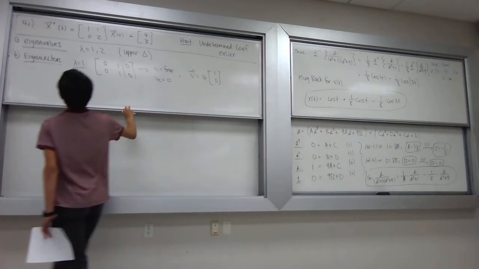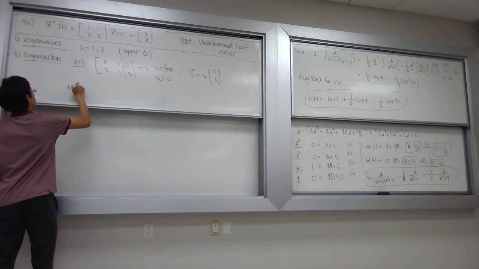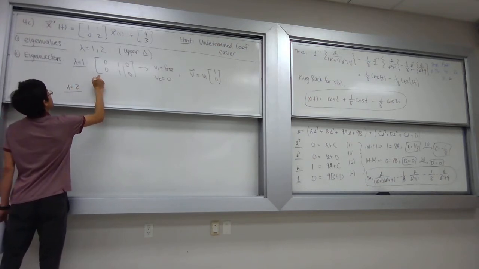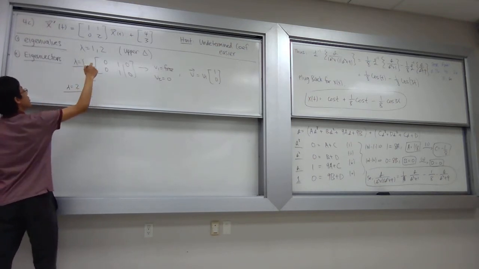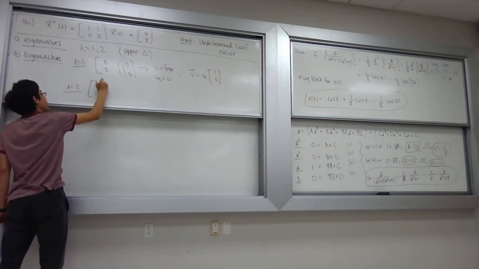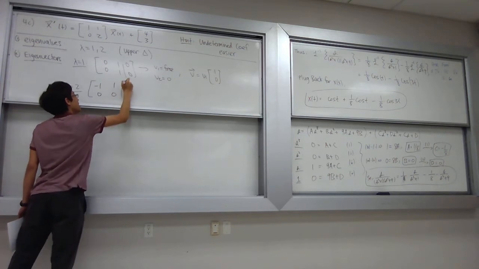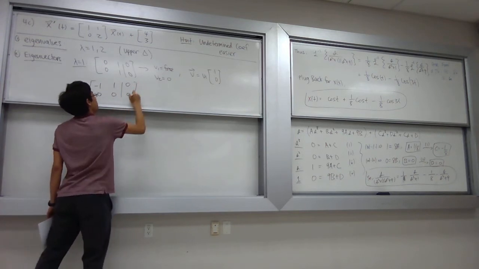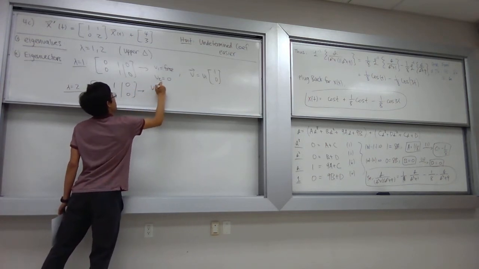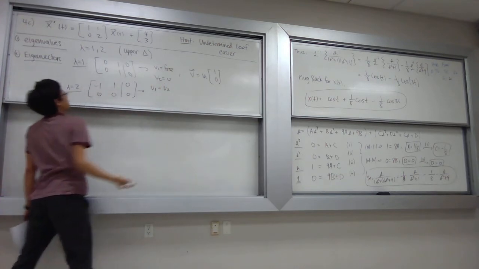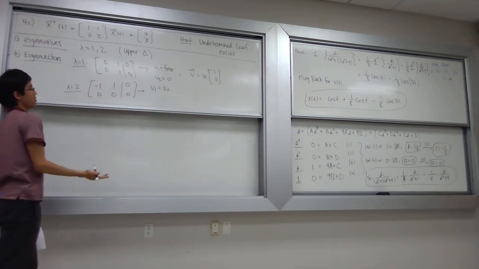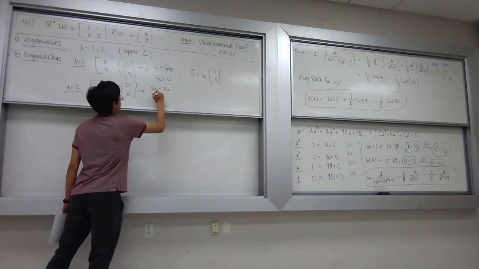Do the same for lambda equals 2. Now we subtract 2 off the diagonal. So the first entry becomes a negative 1, 1, 0, 0, 0. So this tells us V1 and V2 are equal, so setting V2 free is fine, right?